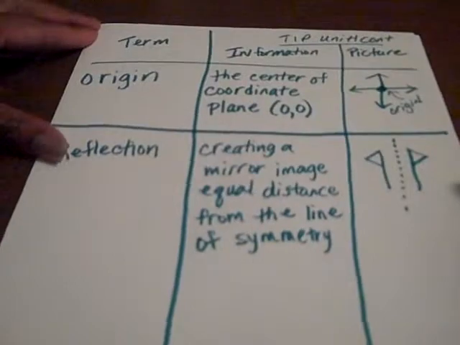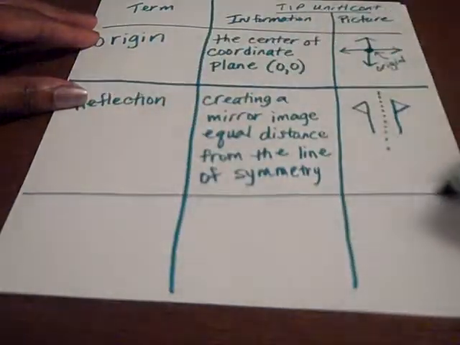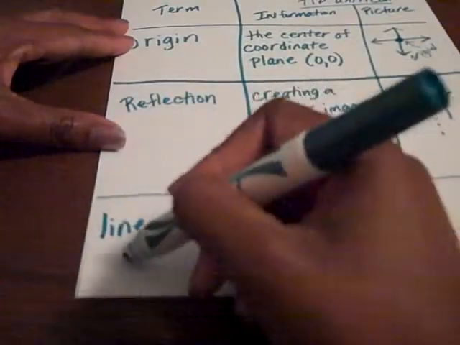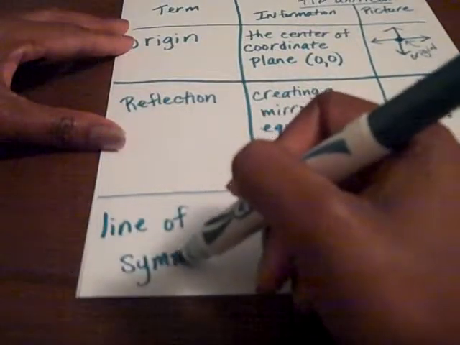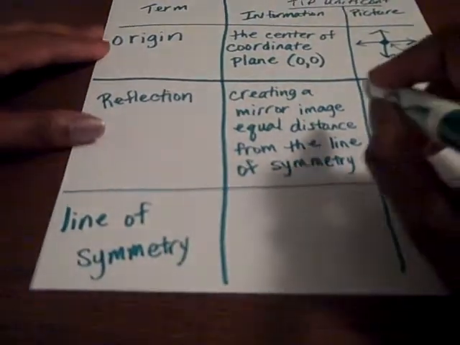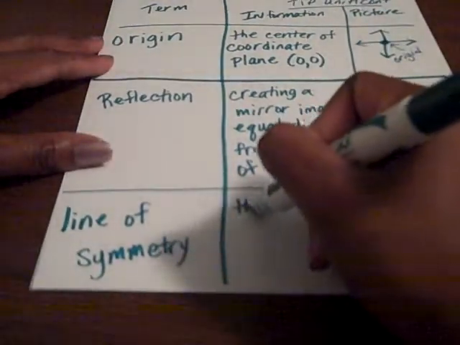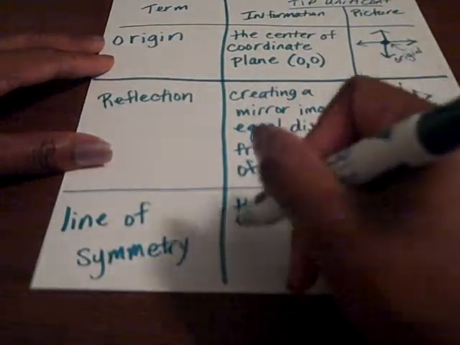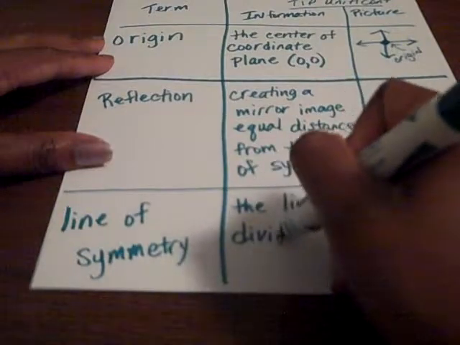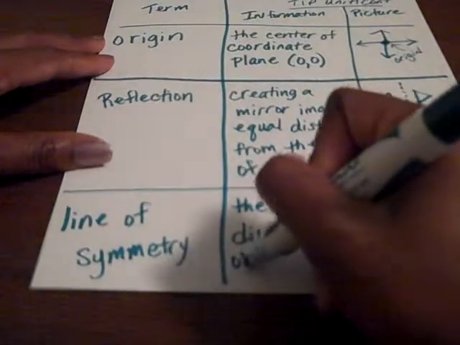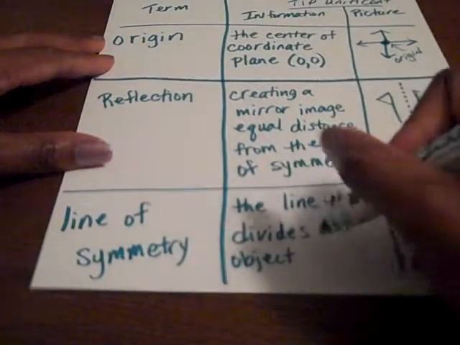My next term is line of symmetry. Line of symmetry is the line that divides an object in half.